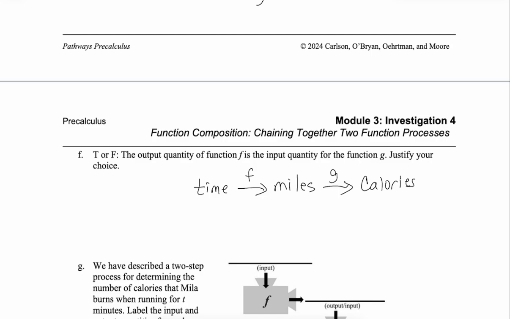In our f function, I input time, I output miles. In g, I output calories. The output of function f is the input of function g. Yes, it is. So that's true.